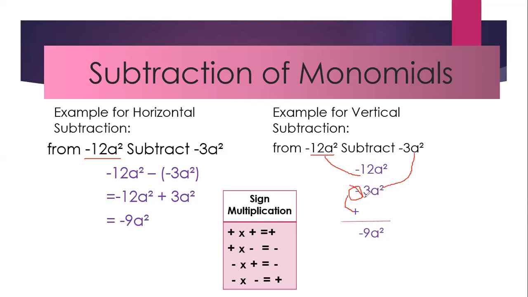So don't look at this minus sign. Now the sign becomes plus 3a square. Now, here you can see that negative value is greater. Negative value is greater means minus 12 is greater, right? So write down the sign of minus here. 12 minus 3 becomes 9 and a square. So simple. Clear?